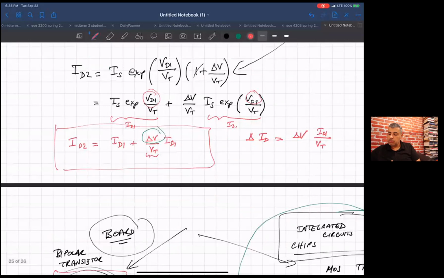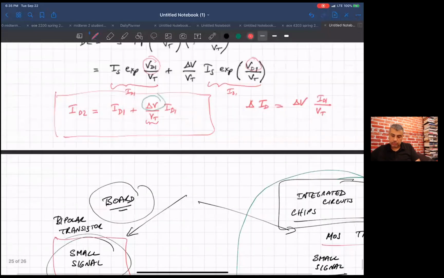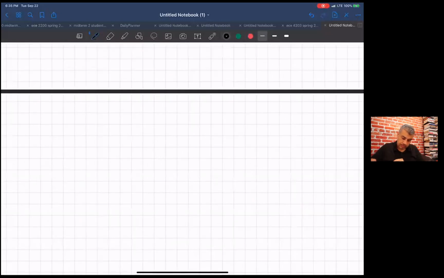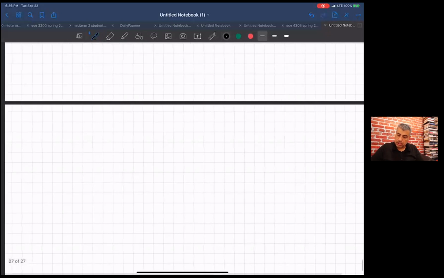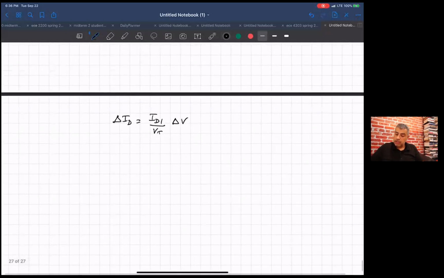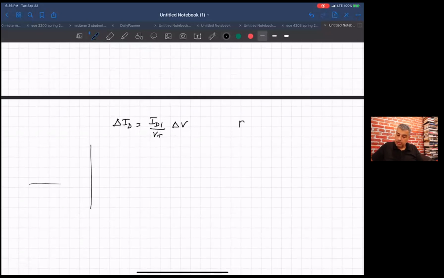So let me write that again. Delta I_D is I_D1 over V_T times delta V. So what I did is go from here to here, and it looks like, just in this part of the curve, instead of having this natural log, this diode, I just have a resistor.